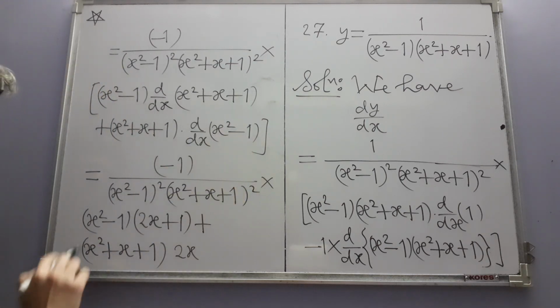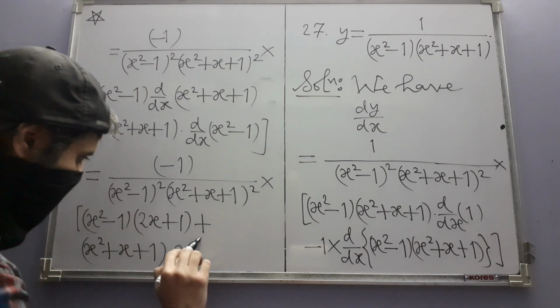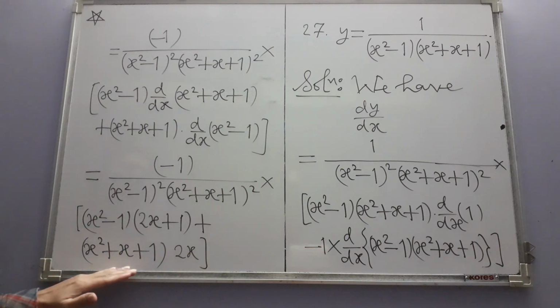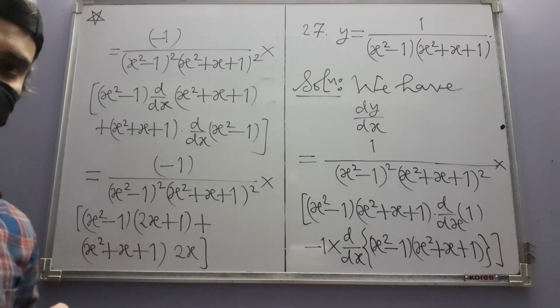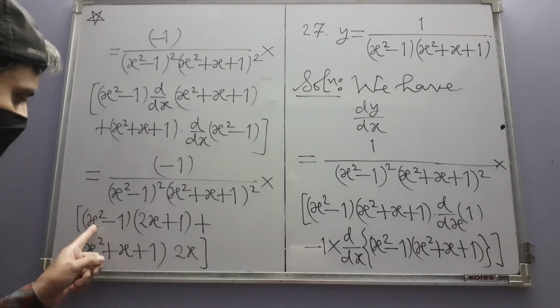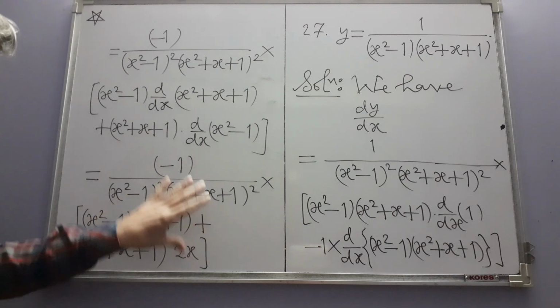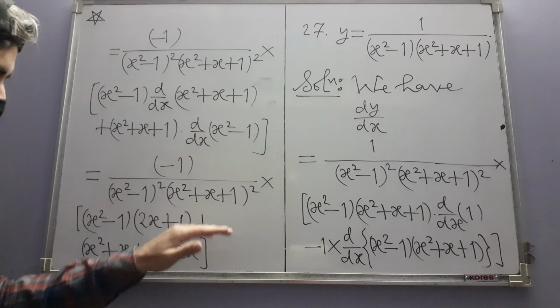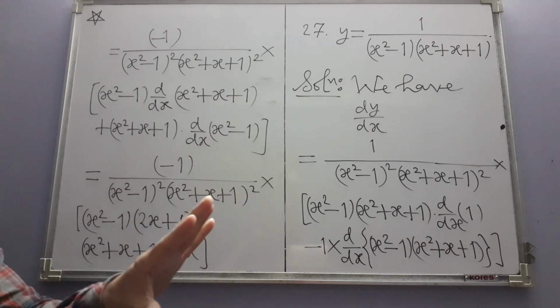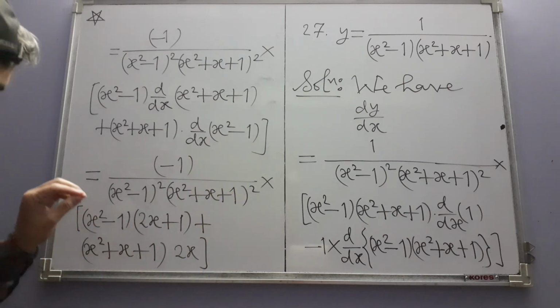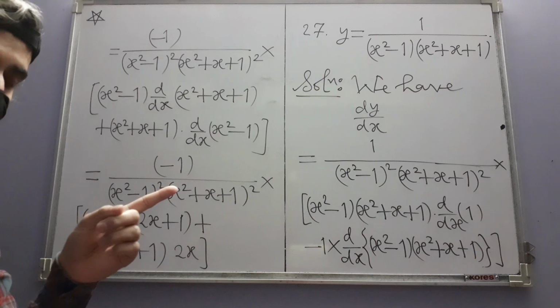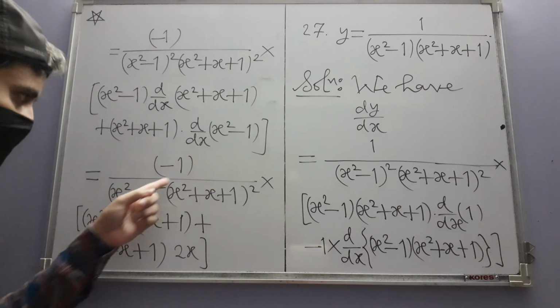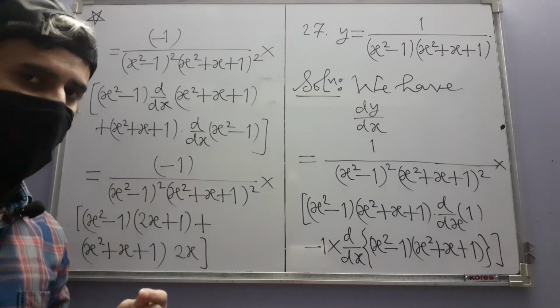So this is just 2x. And then you do the multiplication, simplify the numerator, because this is the numerator after all. No? Although we are writing it separately, but this is the numerator. Simplify the numerator and then see if something gets cancelled with the denominator.